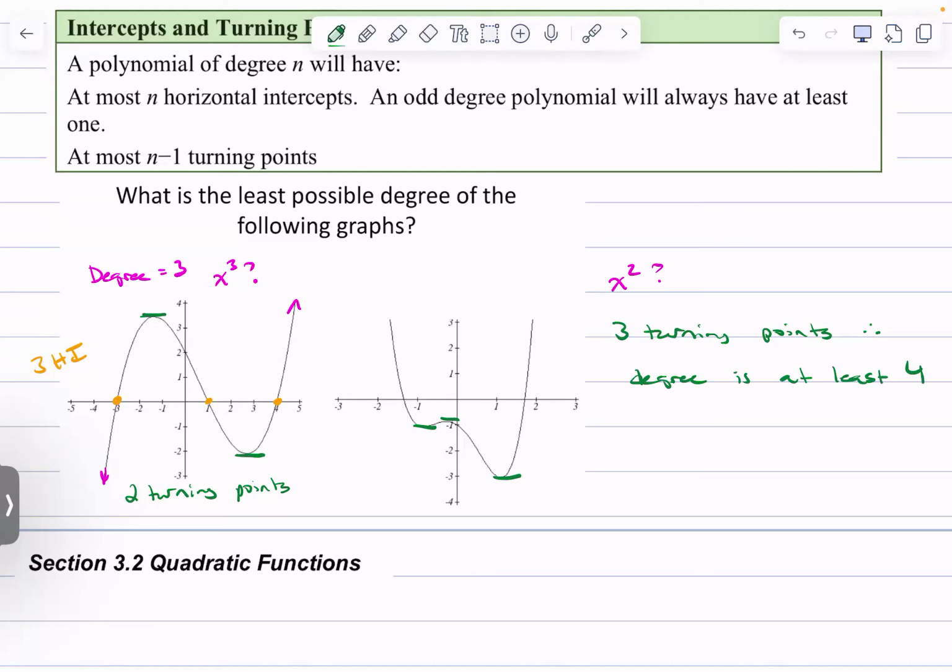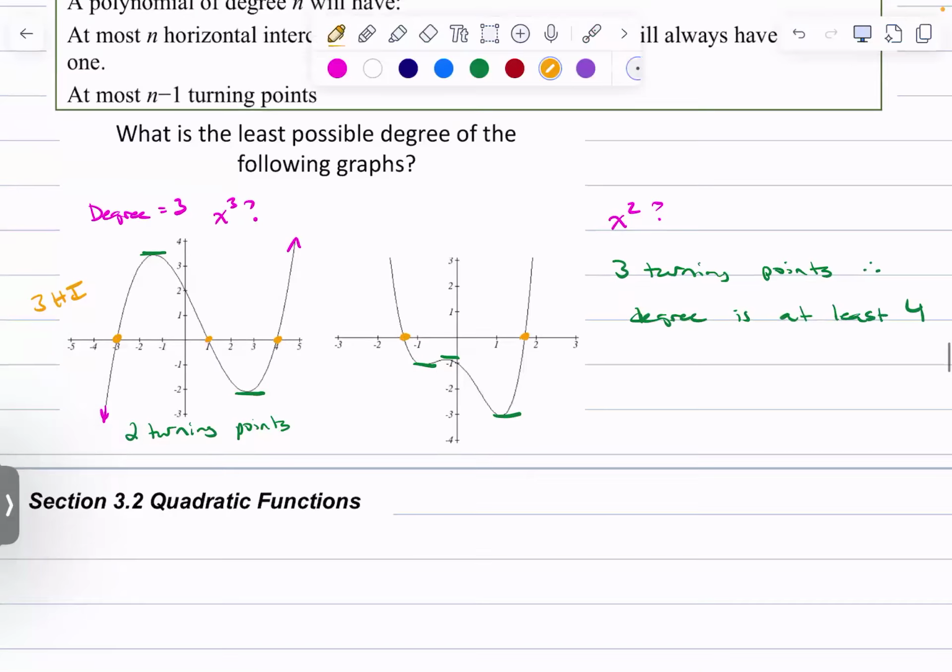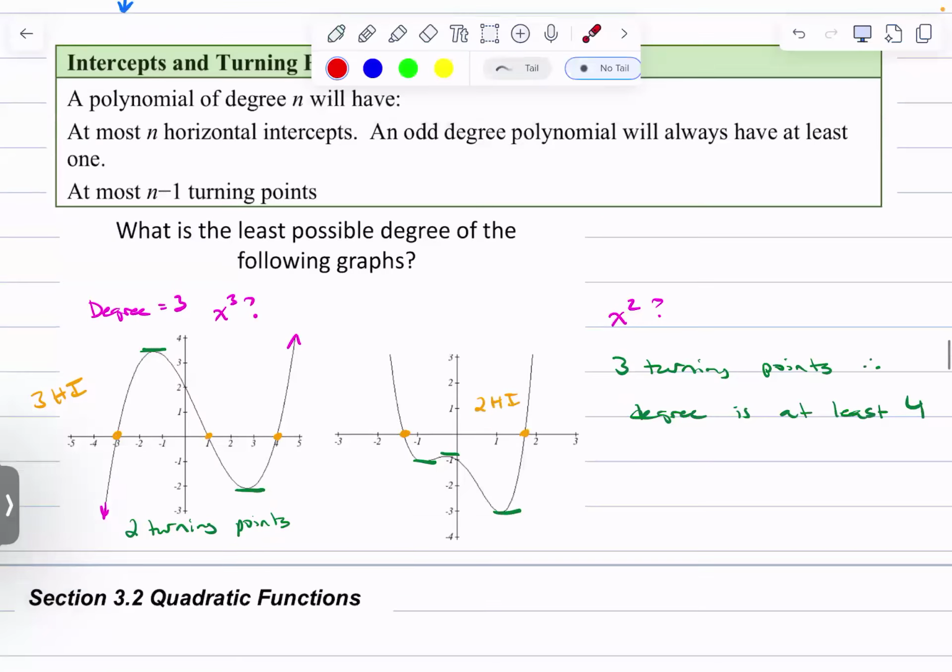We'll check the horizontal intercepts just to make sure that we don't need to up the degree. When I look at the horizontal intercepts, there's only 2, and I'm allowed at most 4, so I'm going to lock it in at degree 4 for this one because of the turning points.